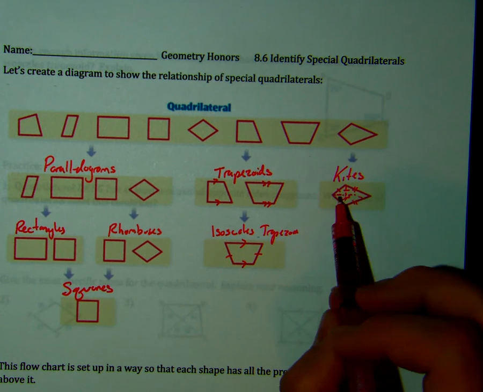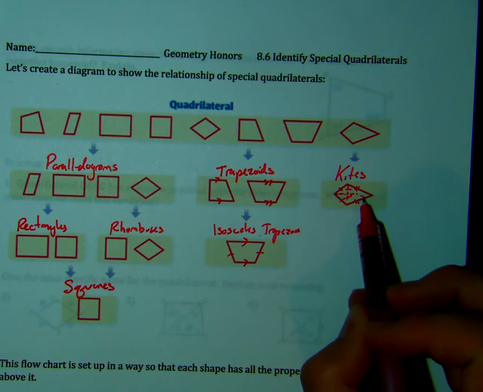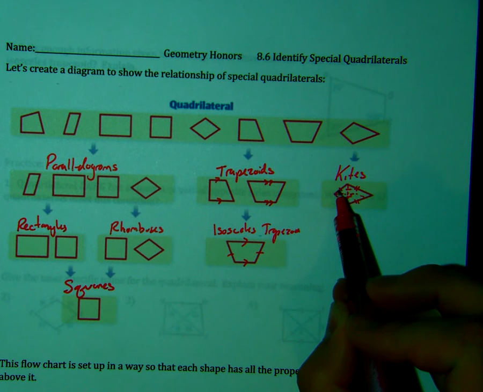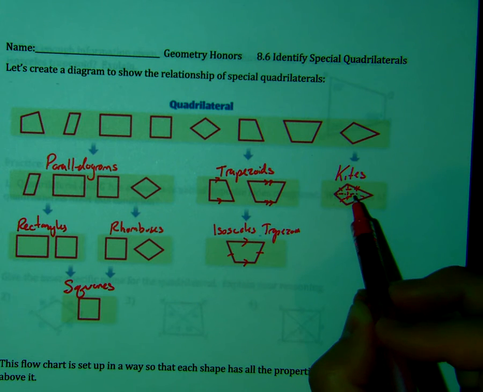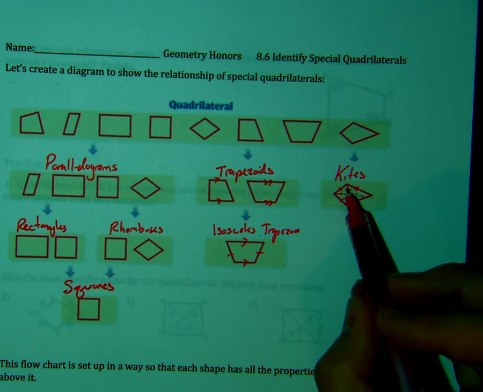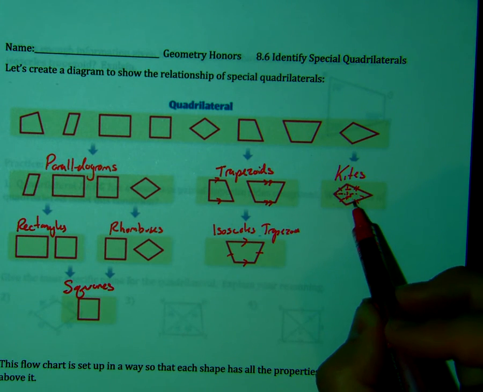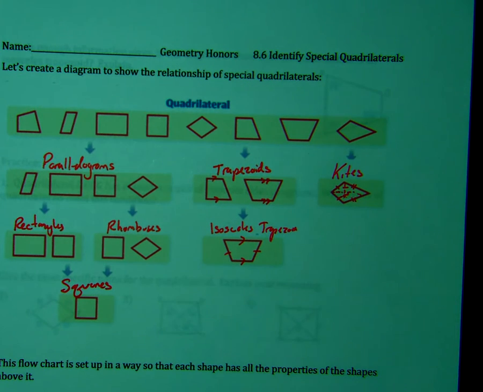The tip-tail diagonal bisects the angles at the top and the bottom here for the tip and tail. And then the non-tip-tail angles are congruent. So kites have a lot of very specific properties. I think kites are probably the hardest because they have properties that are different in different parts of the shape, whereas everything else is somewhat uniform with their properties.